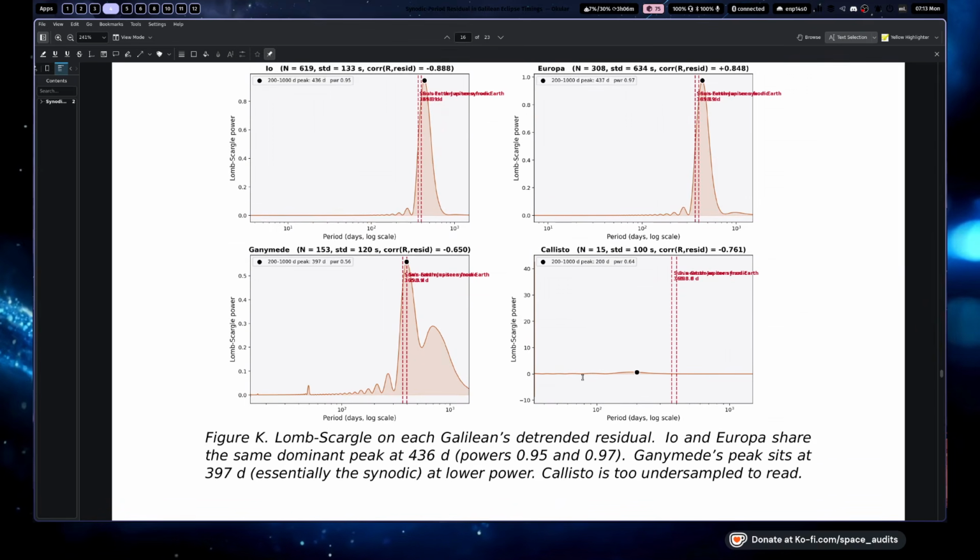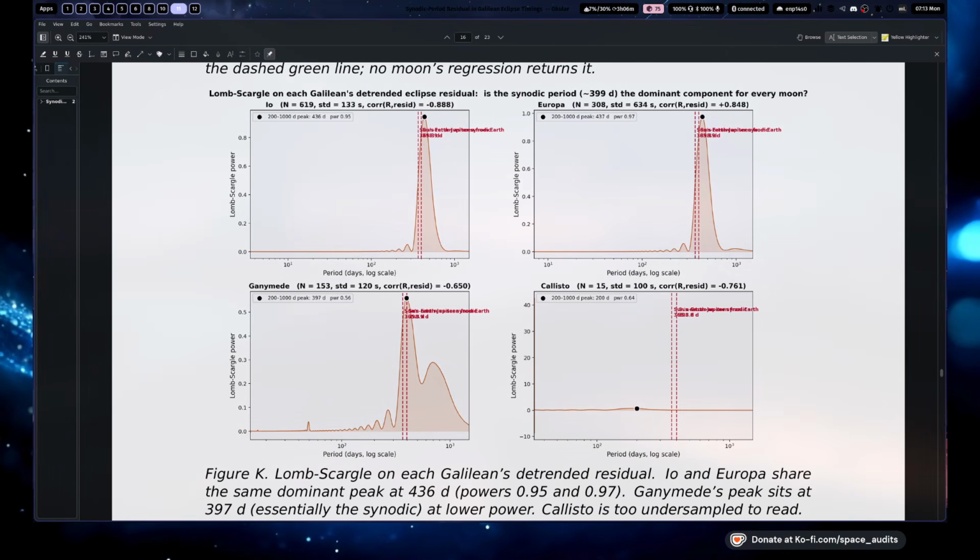So right here, we decided, okay, we're going to check some of the other moons, if we can check all the other moons throughout the solar system, if there's any correlation. What we found that's odd is there is a little bit of a correlation with Ganymede, but for pretty much all the other objects in the solar system, this did not occur. So something is interesting that's happening with both Io and Europa.